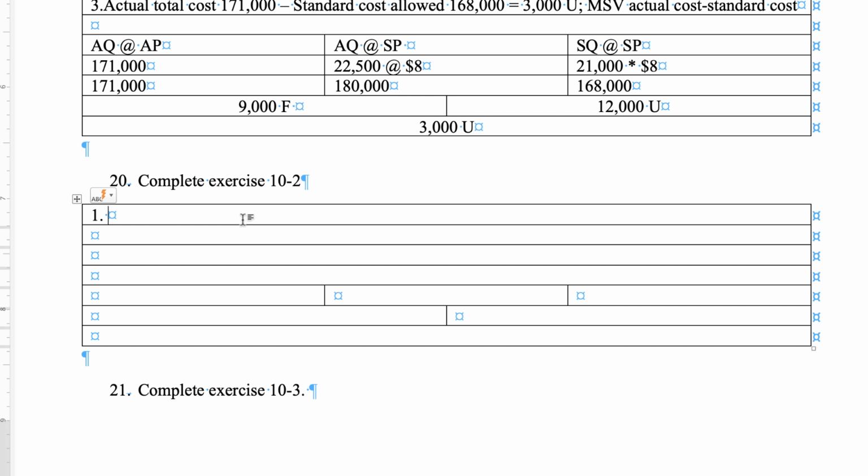During the most recent week, the company prepared 4,000 meals, so that's their actual output, using 960 direct labor hours. Again, that's the actual labor hours used, excuse me. The company paid its direct labor workers a total of $19,200 for this work. Ends up being $20 an hour.